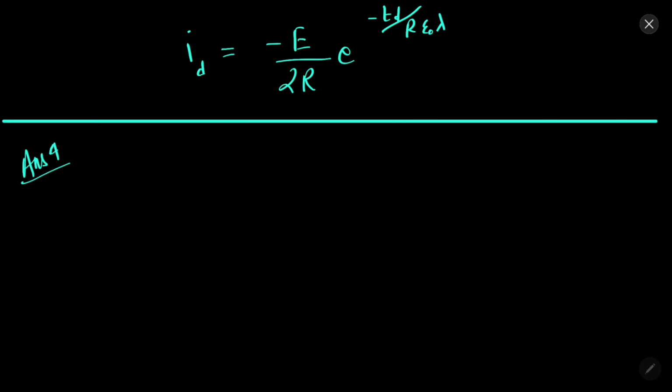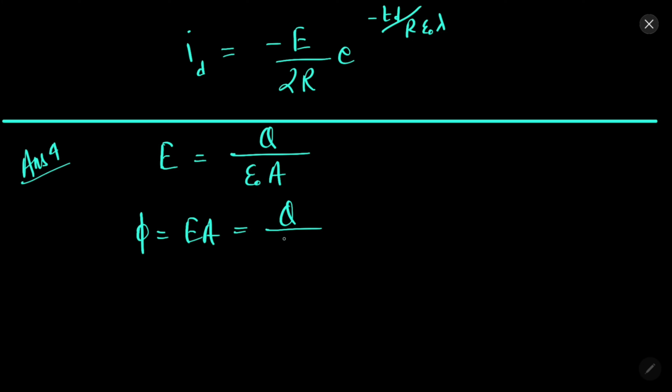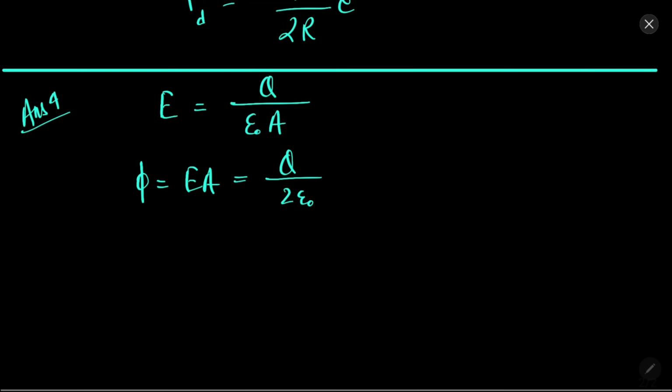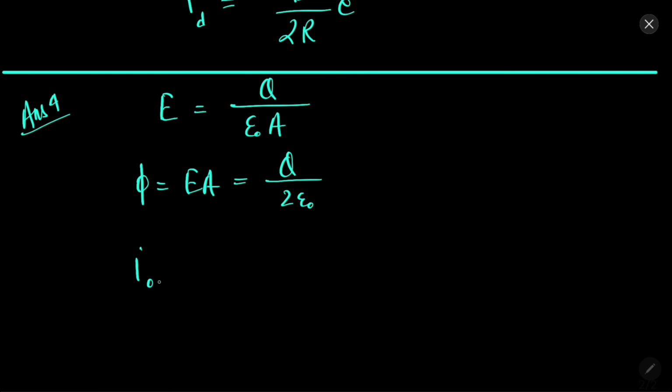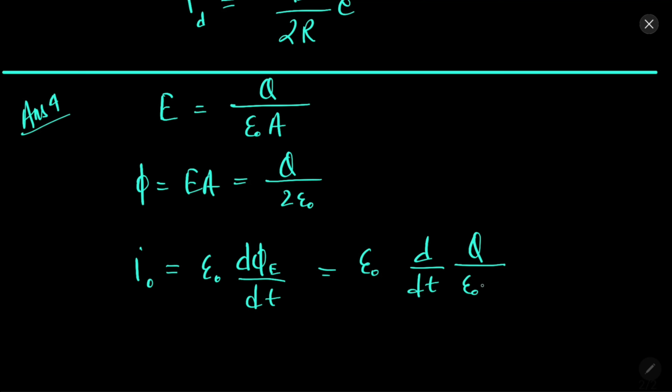Fourth one, the electric field is Q over epsilon naught A, and phi E is E times A, that is Q over 2 epsilon naught, same as the above one. Id will be epsilon naught d phi E by dt, so it will be epsilon naught d by dt of Q over 2 epsilon naught.